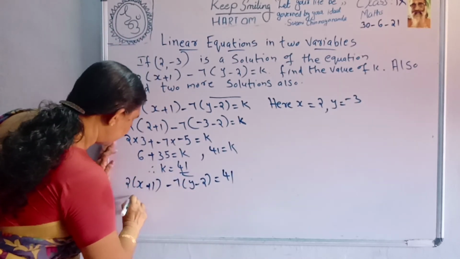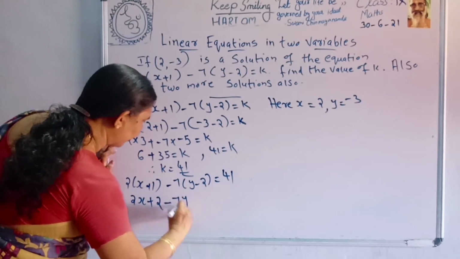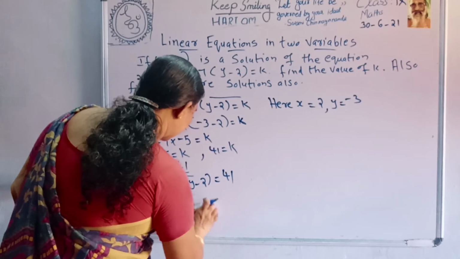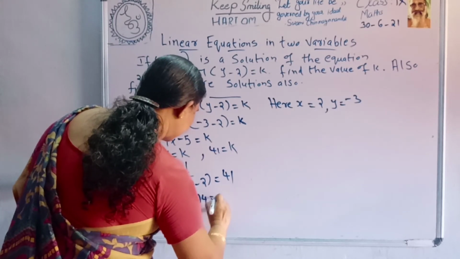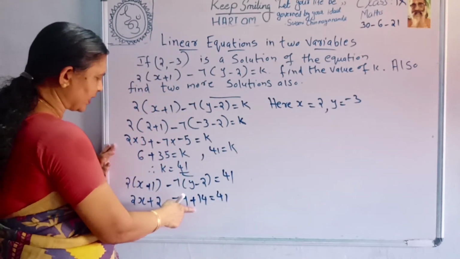That is 2x plus 2 minus 7y minus 7 into 2 is plus 14. Plus 14 is equal to 41. 2x minus 7y, then 2 plus 14 is 16.